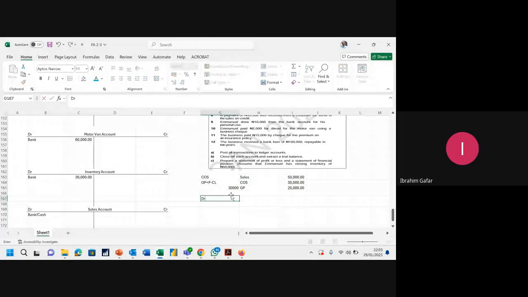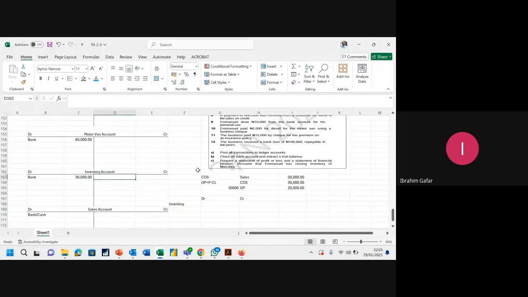Inventory debits, credits. No, let me do it in format, this way.